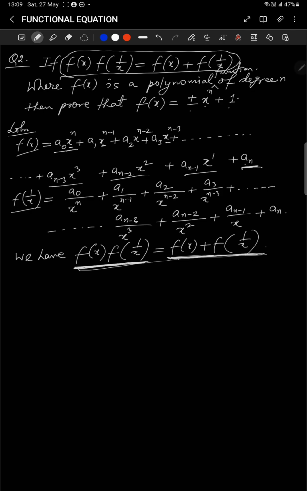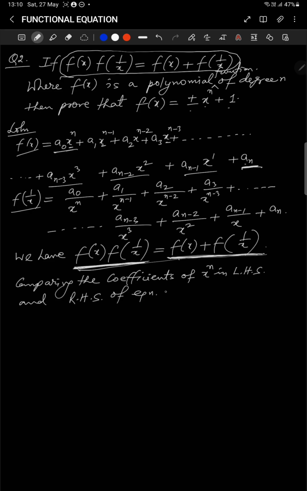So what we are going to do is this, comparing the coefficients of x to the power n in LHS and RHS of equation 1. We are taking this as equation number 1. So you see, in the left hand side we have the product.